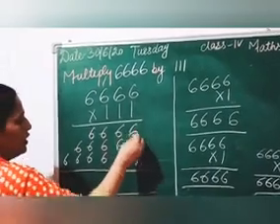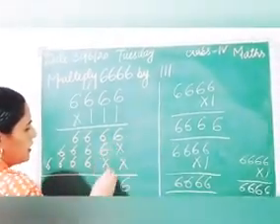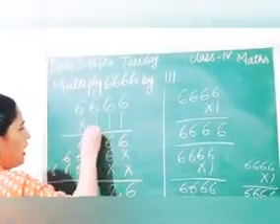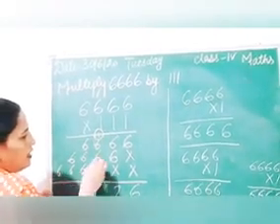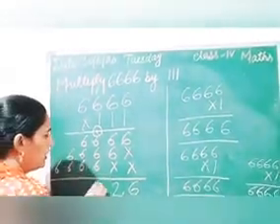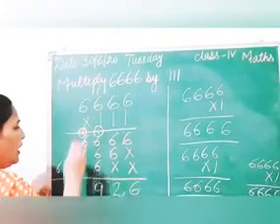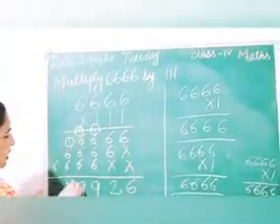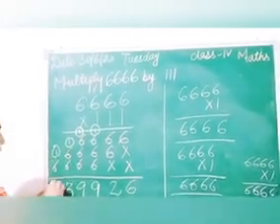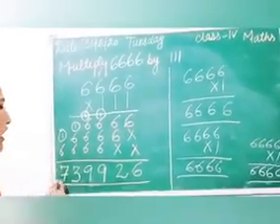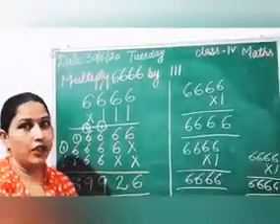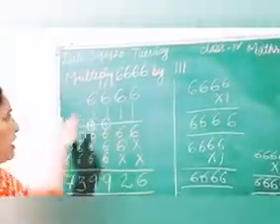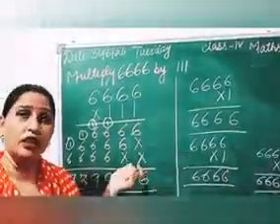Here only 6, here 6 and 6, 12, 1 will be carried, 6 and 1, 7, and 6, 13, and 6, 19, 1 again carry, 18 and 1, 19, again 1 carry, 13, and here 7. So we got 7,39,926. In this way we can do this triple product.